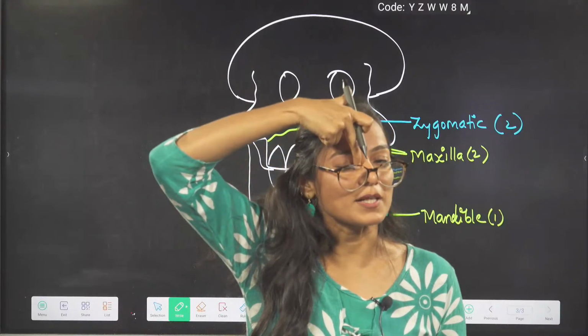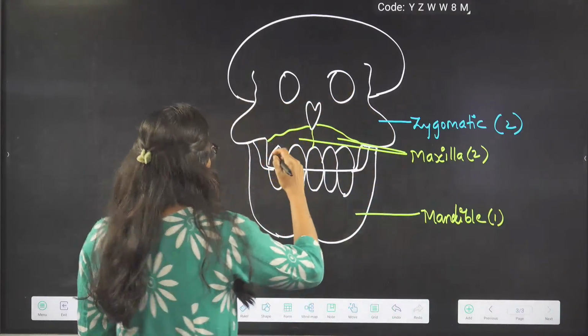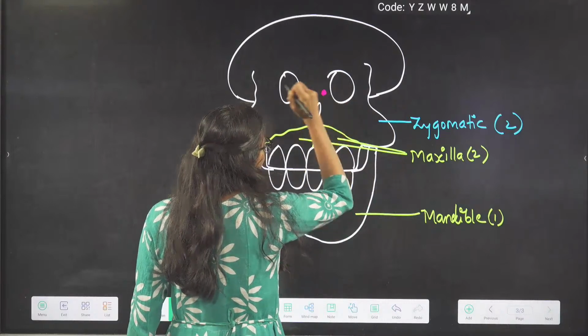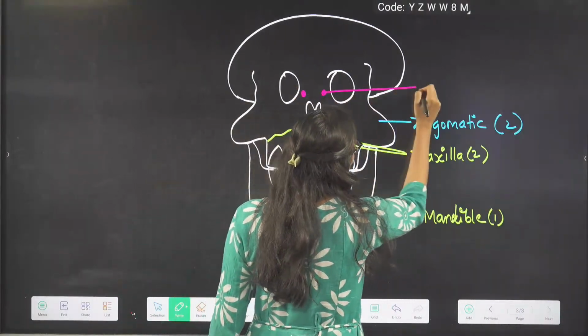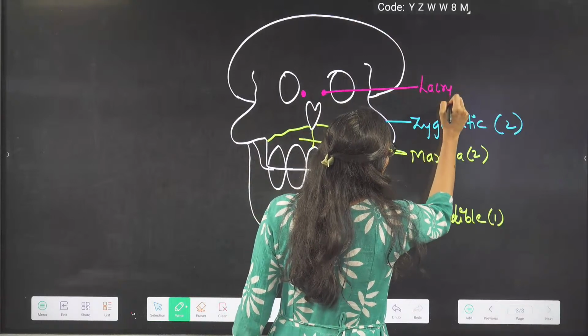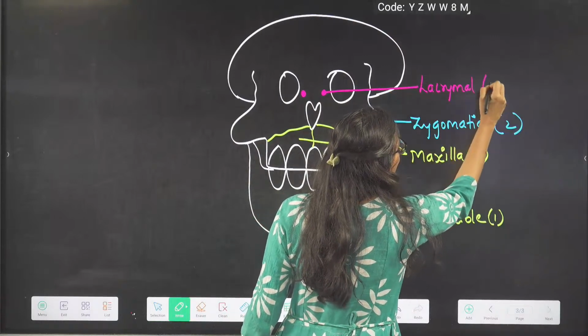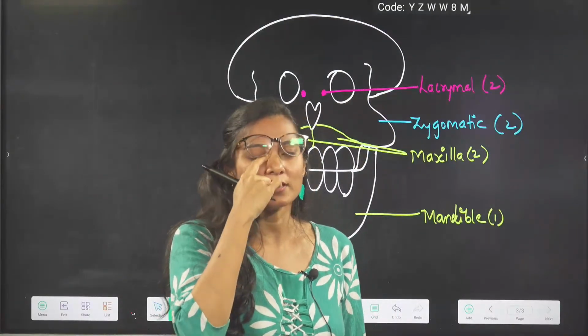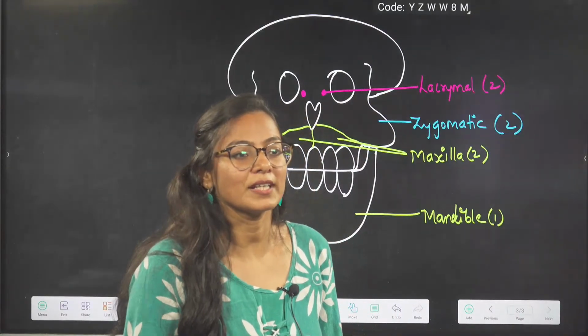This part. I'll show in the diagram. So near to this lacrimal gland, there are two bones like this. So these in pink, they are the lacrimal bones. So these are also two, one on either side, closer to the eyes, right?